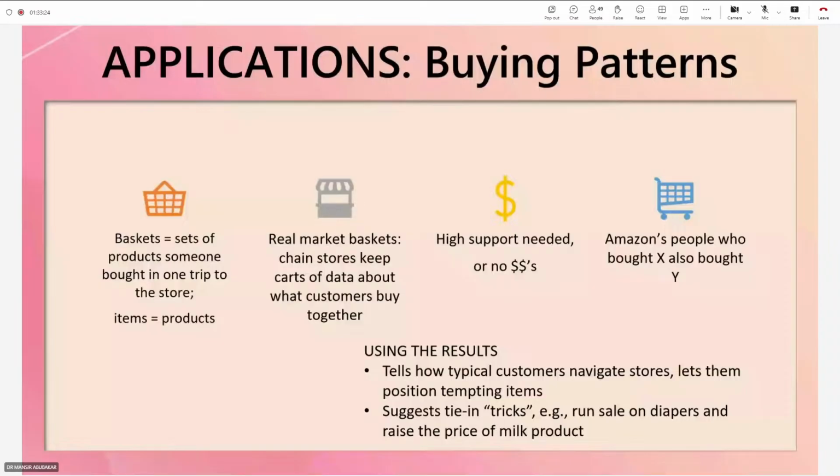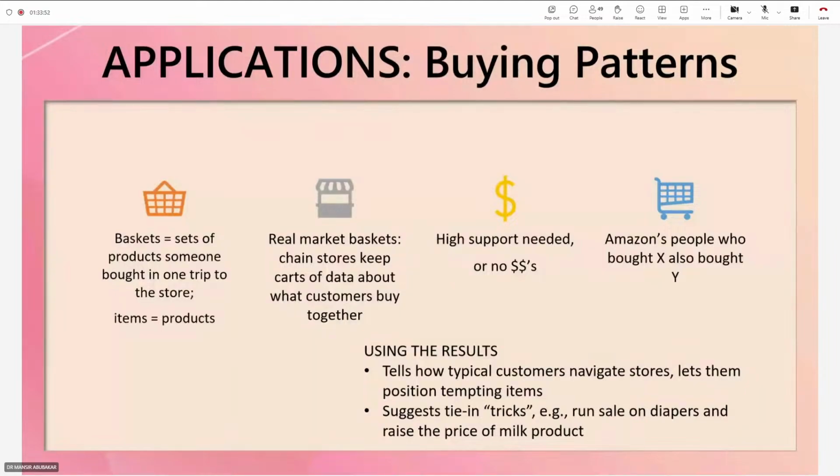Like Amazon's people who bought X and Y at the same time, all this is a buying pattern that can be analyzed using association rule mining.